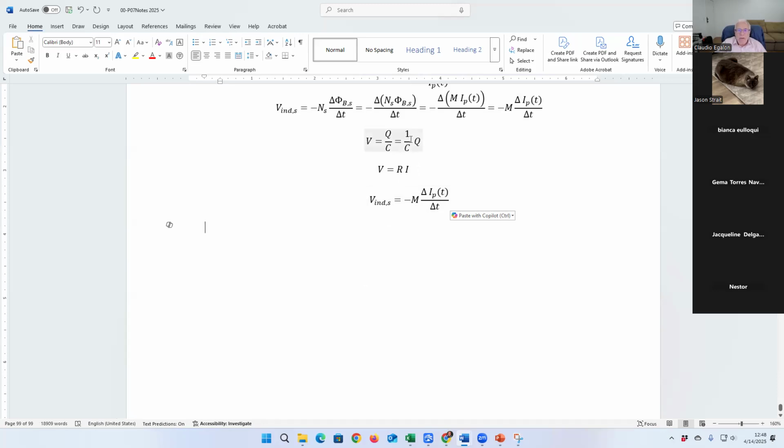Here, this Q corresponds to this current. Why is that? Because this current can be written as delta Q over delta T. Do you see the progression that we are getting here?